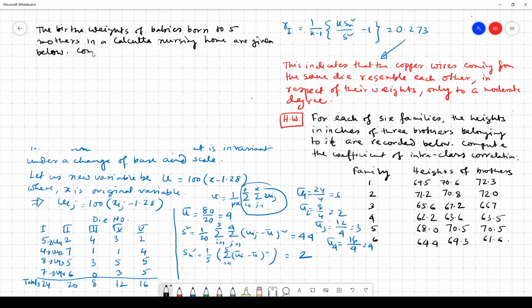Compute the intraclass correlation. This is for mother 1, mother 2, mother 3, mother 4, mother 5.